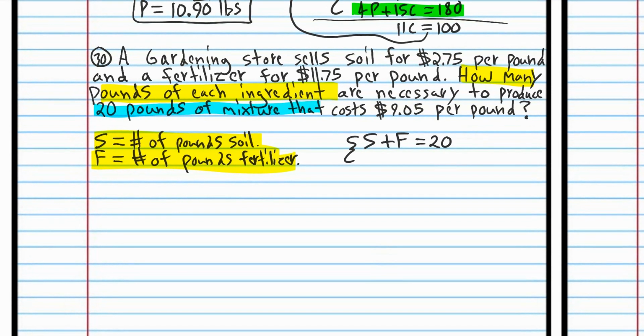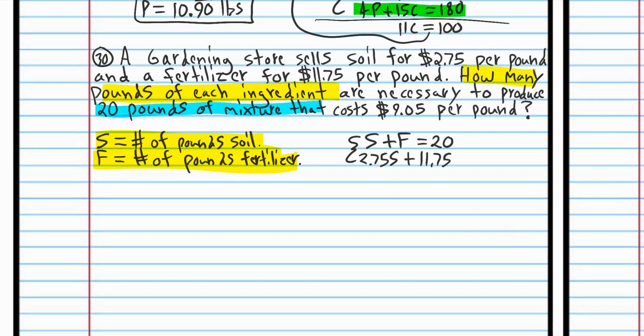And the soil sells for $2.75. So we multiply that by the number of pounds of soil, and that gives us the amount of money we're going to pay for the soil. And then the fertilizer sells for $11.75, so we multiply that by the number of pounds of fertilizer, and that'll give us the amount of money we're paying for fertilizer.